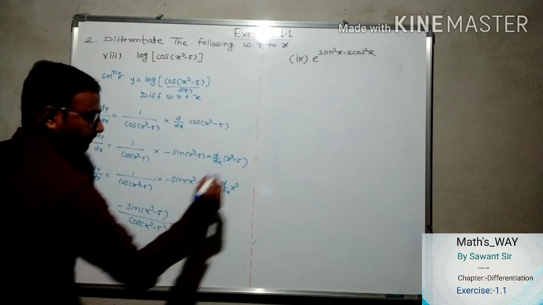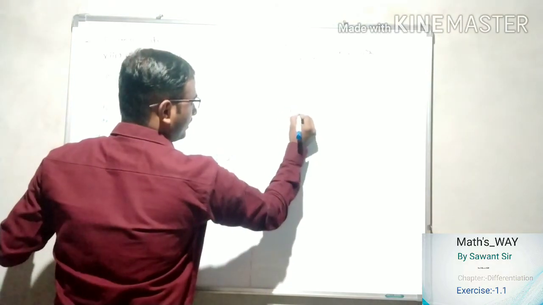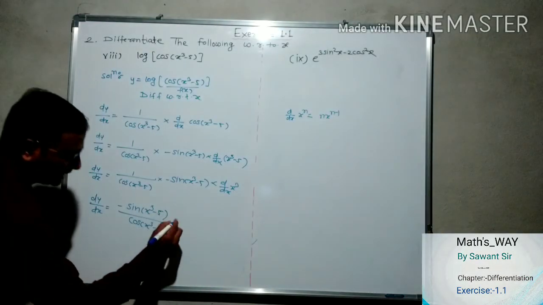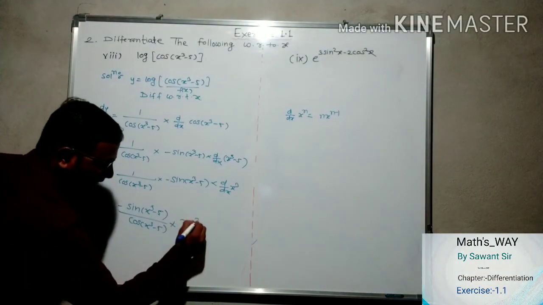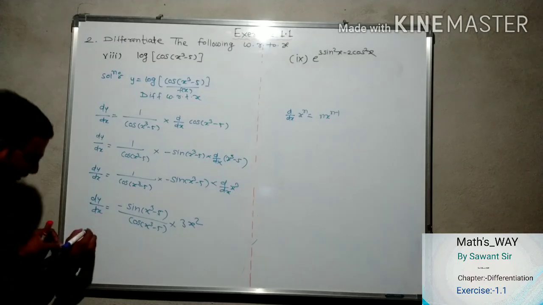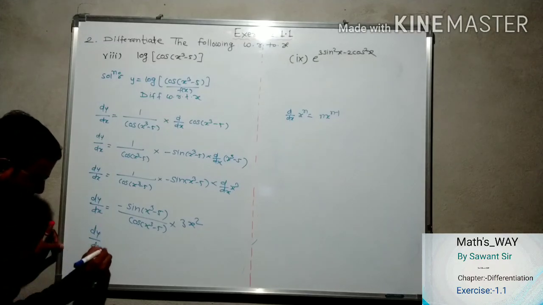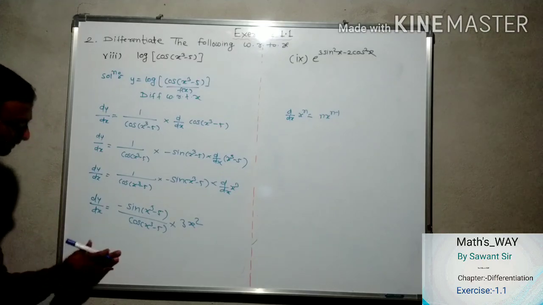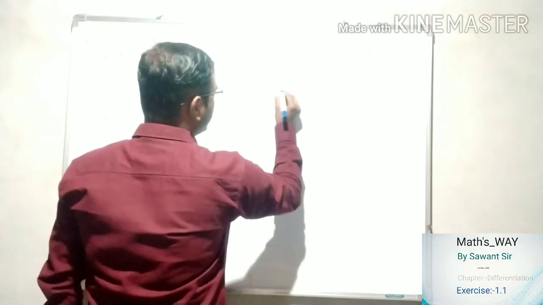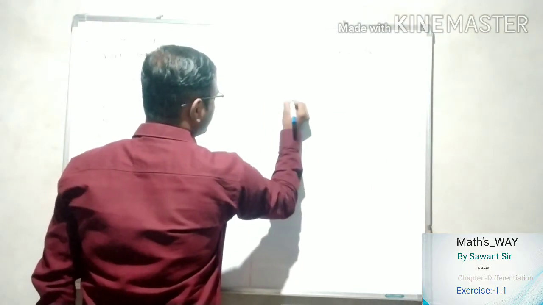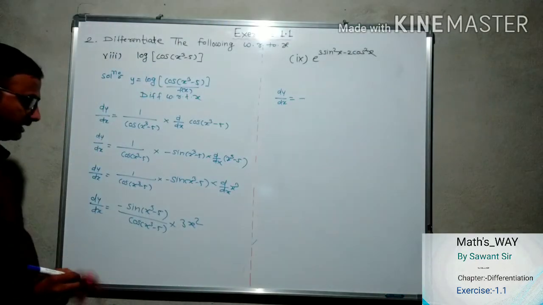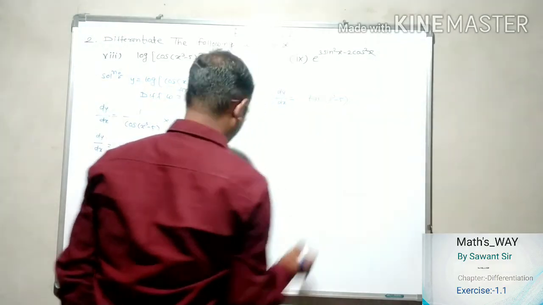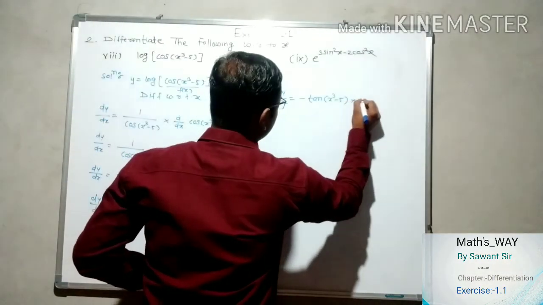By using the formula, derivative of x to the power n is n into x to the power n minus 1. So n is 3, 3 into x to the power 3 minus 1, that is 3x square. So dy by dx is equal to minus sin upon cos, that is tan, of x cube minus 5 into 3x square.